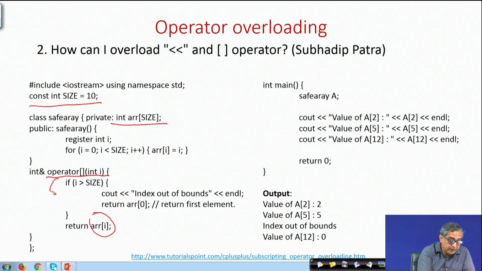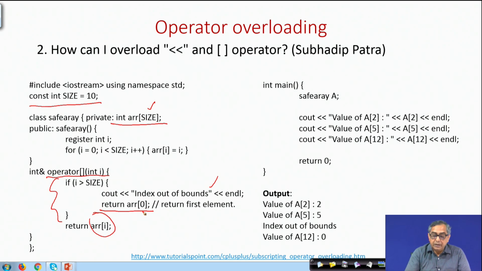But before that, it checks whether, in terms of the given size, the index is beyond it. If it is beyond size, it could print some message, but it has to return something. So, here I am using ARR 0 to be returned, because whenever you define an array it must have at least one element. So, ARR 0, no matter what size is, has to be always defined.